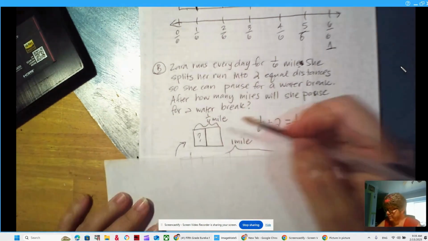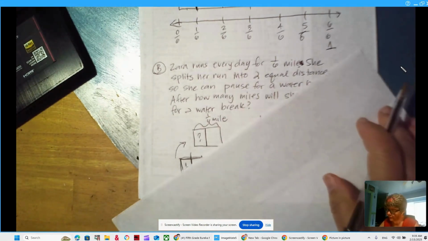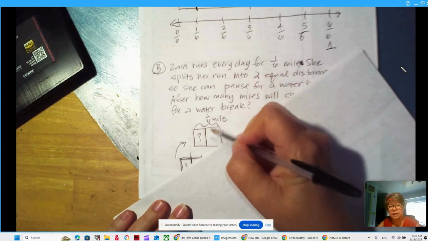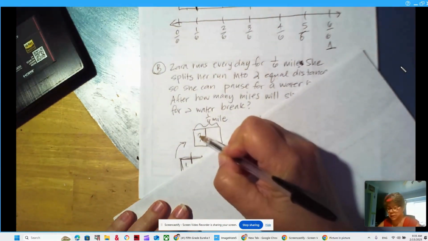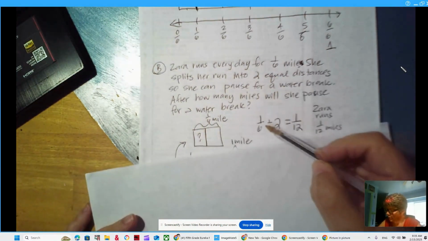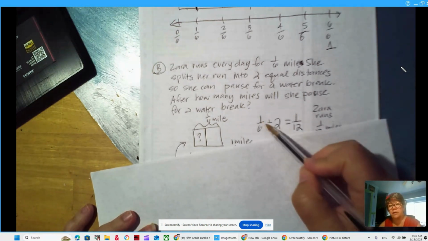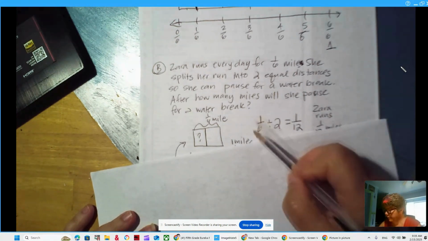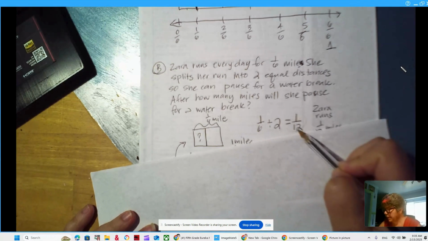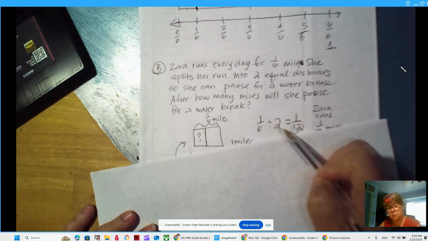So I have 1/6 of a mile, right? 1/6 of a mile, I'm going to break it into 2 parts. So basically, I'm asking, what is half of 1/6? 1/6 divided by 2. And start with a fraction, end with a fraction. It's going to be 1/12, because 6 times 2 is 12, right?